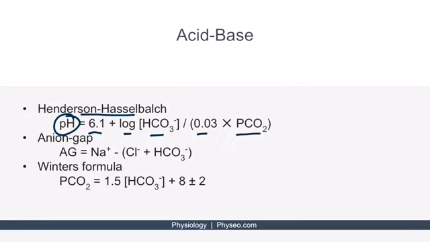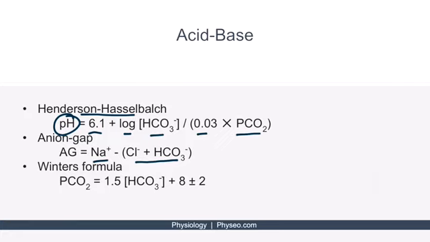Okay, the next equation is anion gap. This is calculated by measuring the difference between cations and anions. So sodium minus chloride and bicarbonate. This equation becomes important when trying to diagnose a metabolic acidosis.